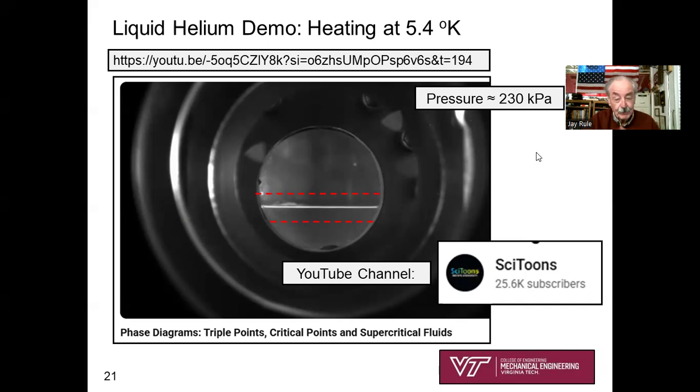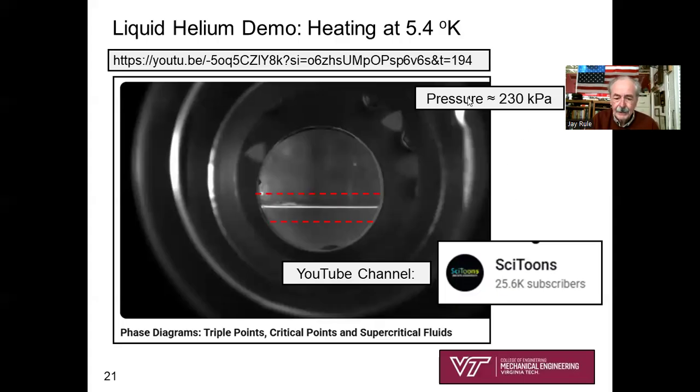If I'm not able to pull that off, the YouTube channel for this video of liquid helium, so it's not H2O, it's liquid helium, and this experiment, we're starting at 5.4 degrees K. Wow, that is really, really cold. That's cryogenic liquid helium. It's going to be a liquid vapor mixture of helium, and it's on the YouTube channel SciTunes. Hopefully you could find it.